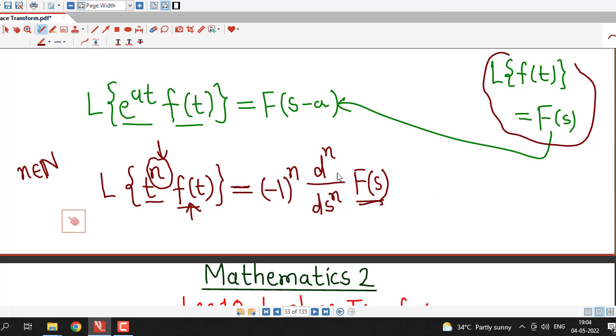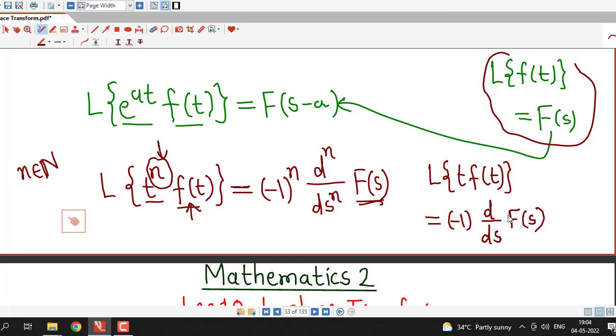Suppose power is 1, then our formula will be Laplace transform of t times f of t will be equal to minus 1 raised to 1 derivative of f of s with respect to s, first derivative.